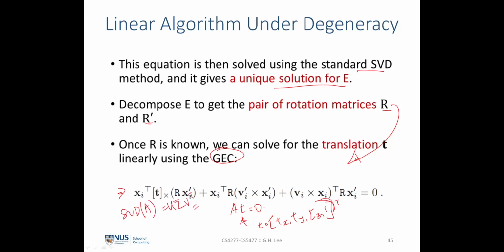We take the last column of V that corresponds to the smallest singular value in sigma. Since we have a one-parameter family of solutions, lambda times v, the last column of this matrix, we can solve for the parameter lambda by simply enforcing that the last element of t is equal to 1.